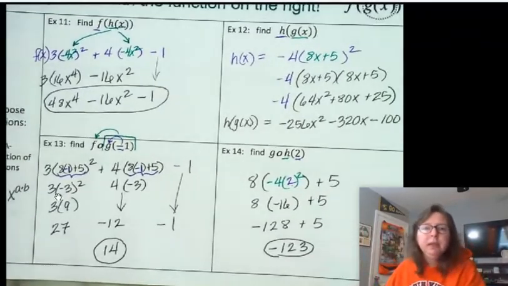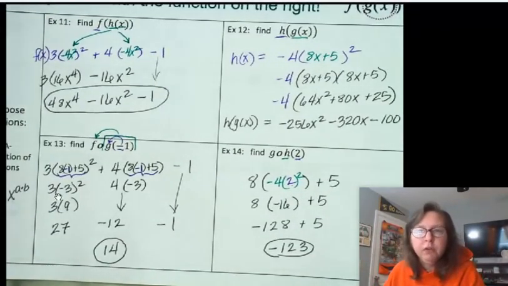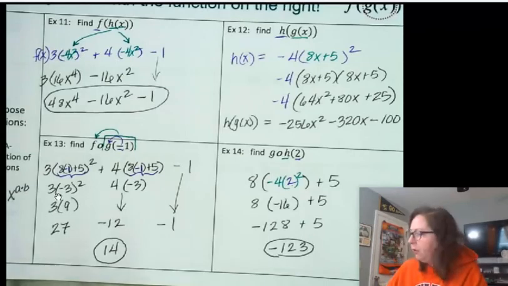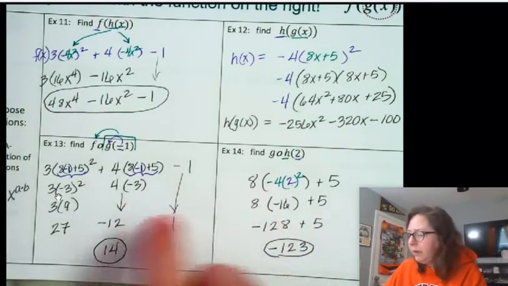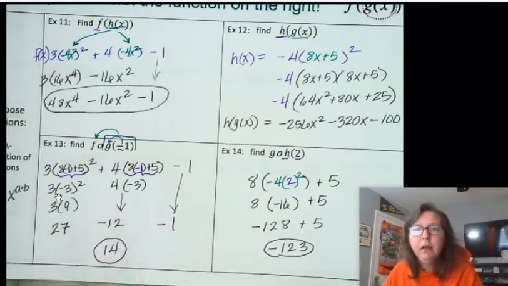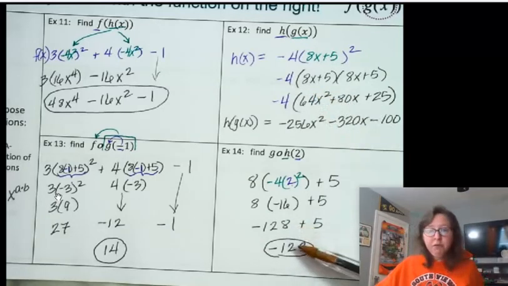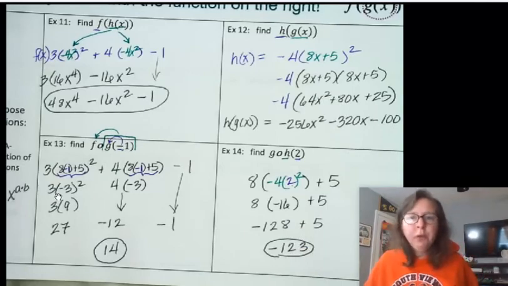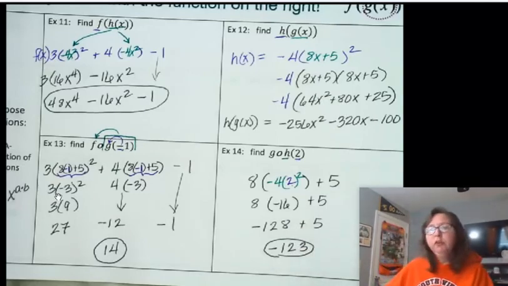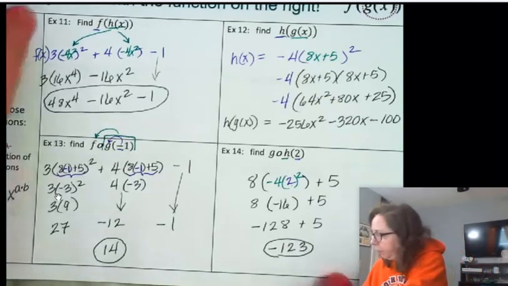Now, here is something that you could also do if you're not as comfortable with plugging in and plugging in again. You could also complete it this way and then just simply plug in the number afterwards. So let me kind of show you how we could have done that with our g of h.